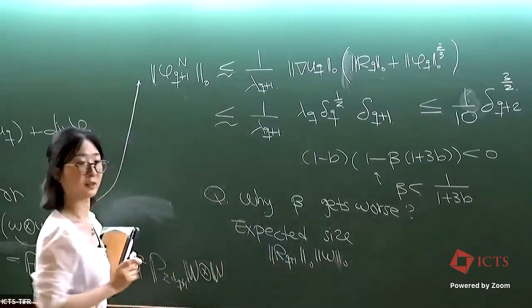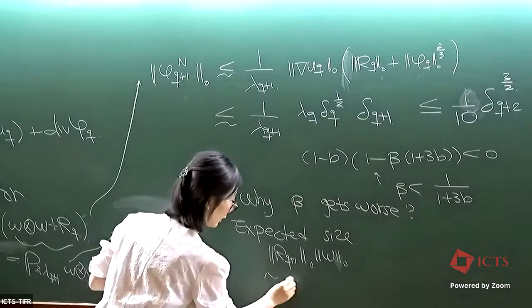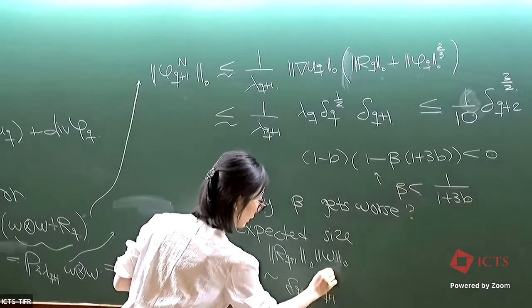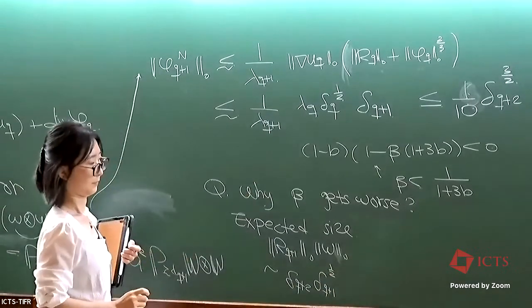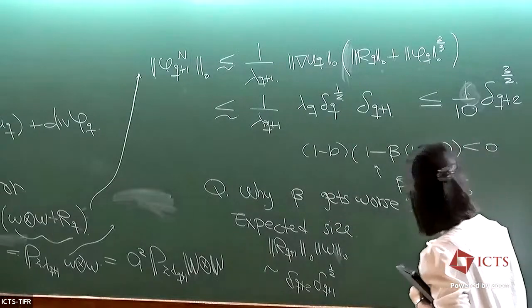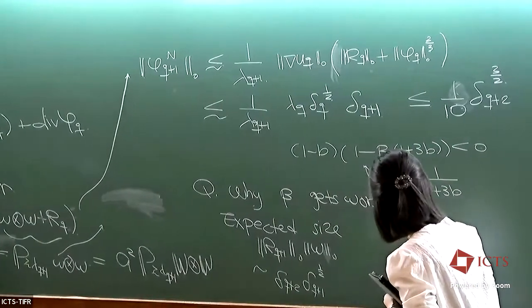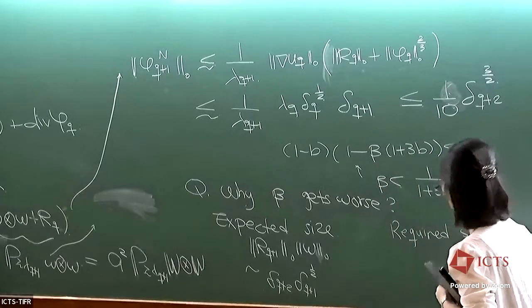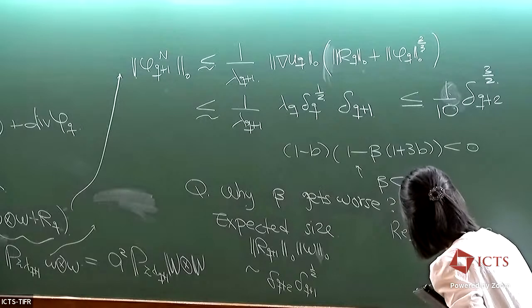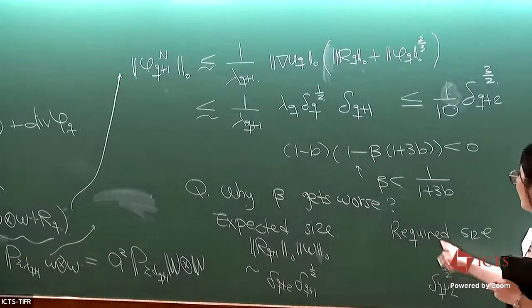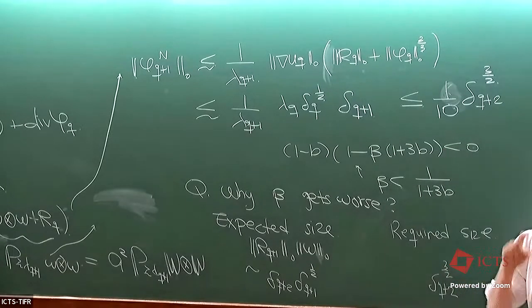So this is expected, which is delta Q plus 2 times delta Q plus 1, 1/2. However, the size that we want on the right-hand side, the required size, is delta Q plus 2, 3 over 2. So this is much smaller. And this discrepancy makes the beta worse.